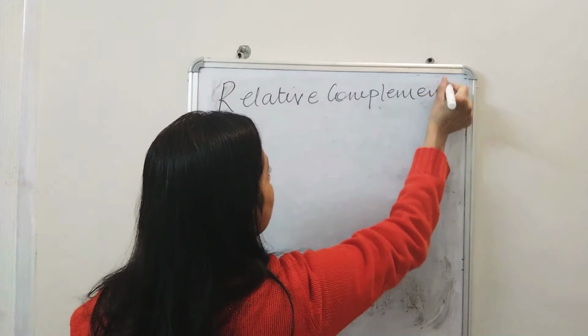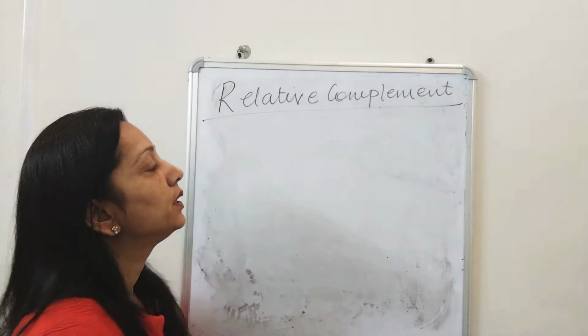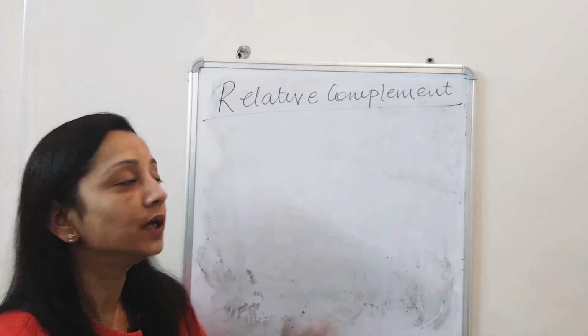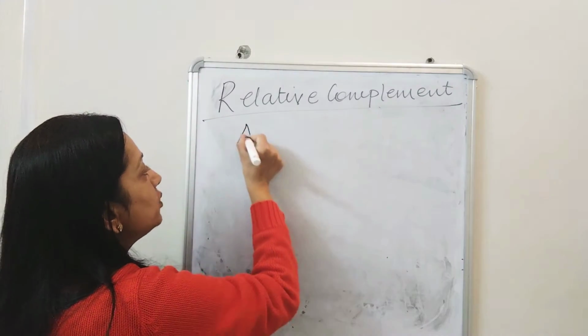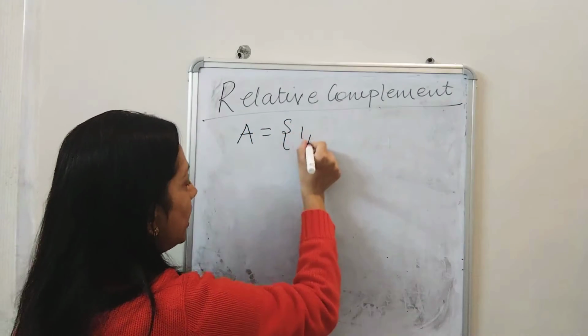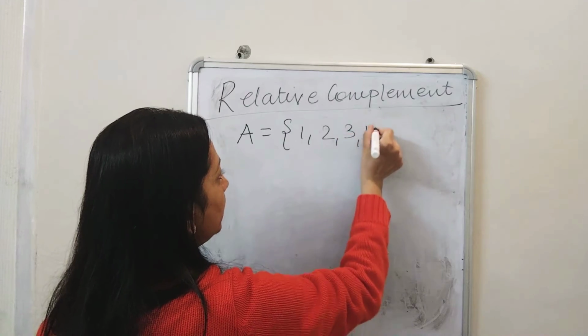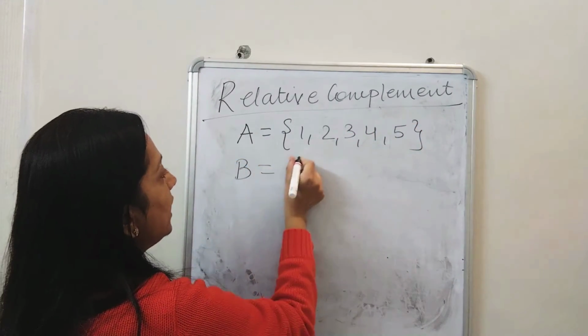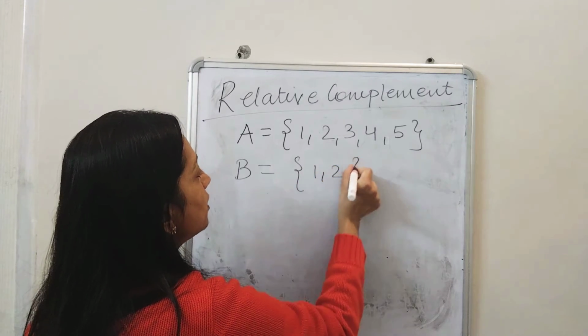The relative complement of a set is taken of one set with respect to another. Say, for example, I have two sets. Set A has elements 1, 2, 3, 4, 5, and set B has elements 1 and 2.